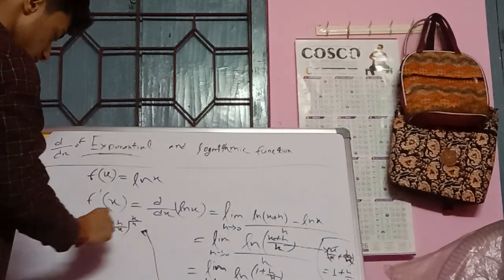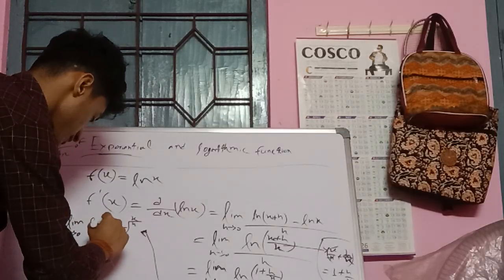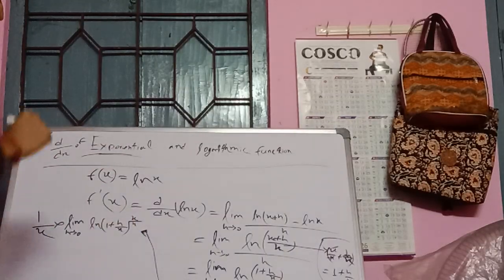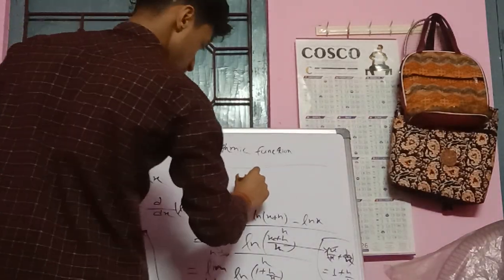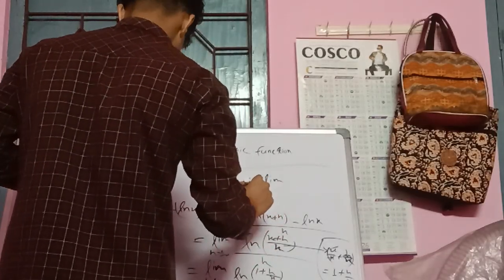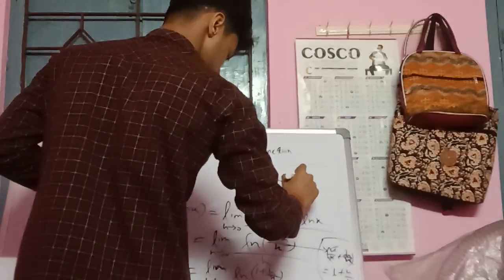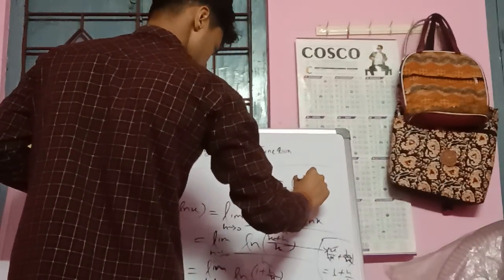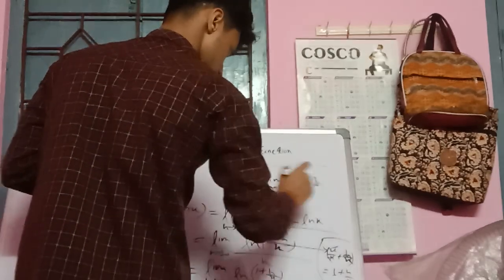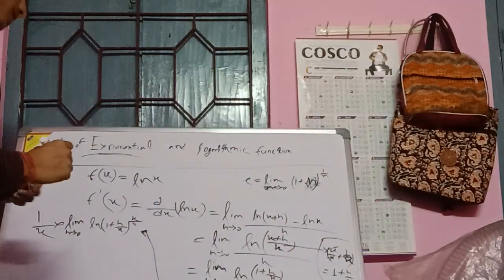Now, if we look at this thing, (1 plus h over x) raised to x over h, what does it look like? I told you guys e is the limit as n approaches 0 of (1 plus n) raised to 1 over n.